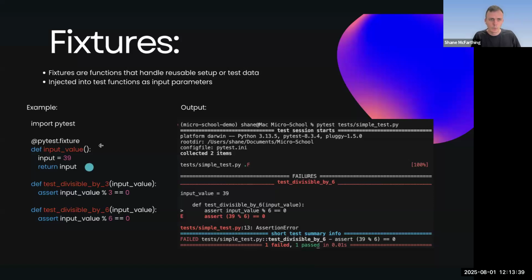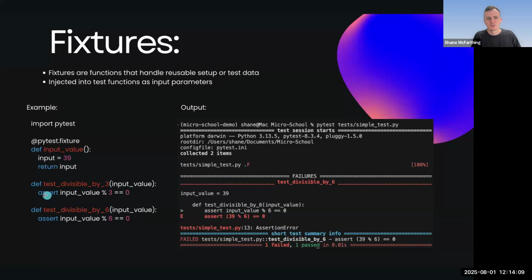Once you've specified this fixture function, it will be used automatically in any test function where you provide that fixture name as an argument. So if we look at these 2 test functions, we put input_value there. That's the name of this fixture function. When the tests are detected, it will see that this is provided as an input, and it will automatically evaluate this function. So it will be as if you wrote 39.